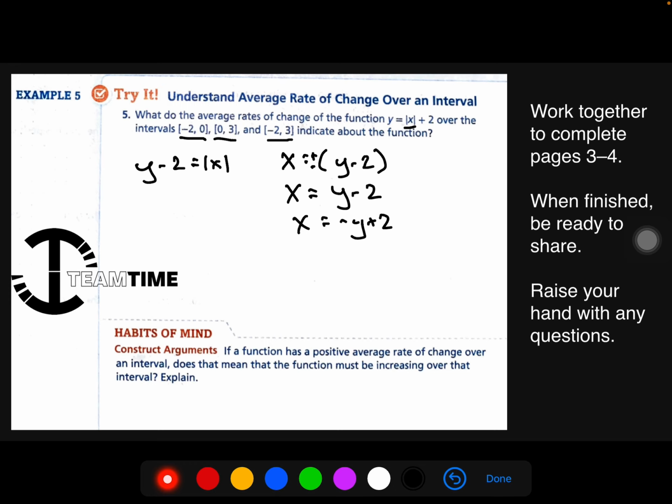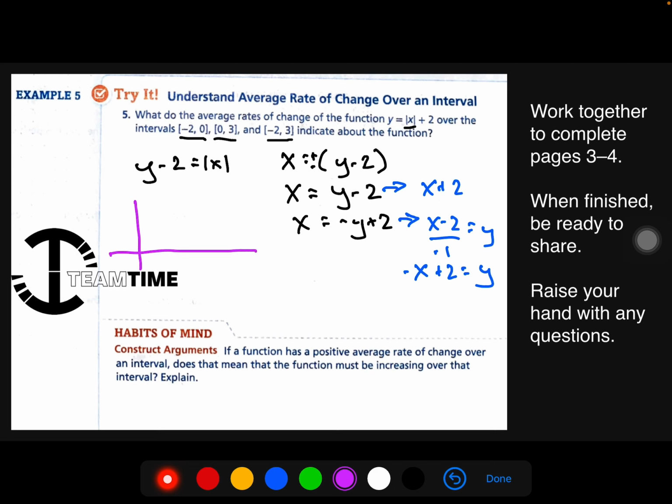Now let's solve for y again, because we need y in terms of x. So this one here changes to, again, x plus 2, and this one here changes to x minus 2 divided by negative 1, and so negative x plus 2 equals y. Okay, so let's graph that.